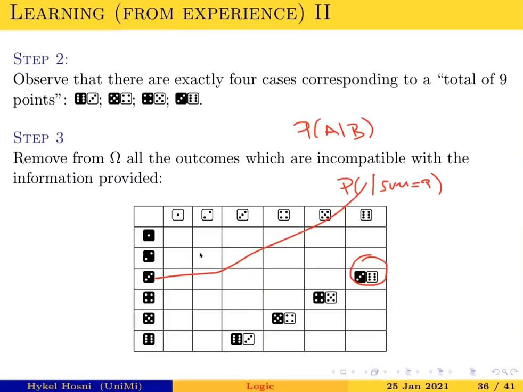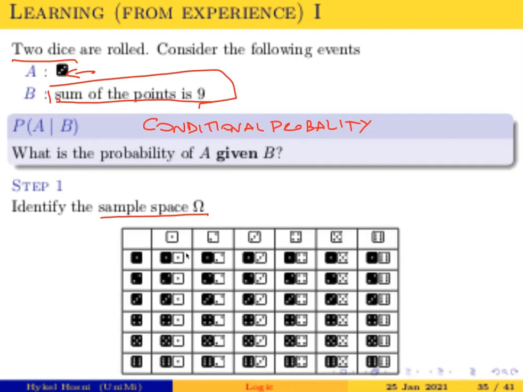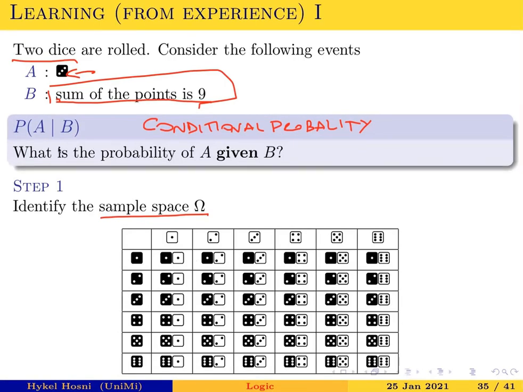Why is this key, and why is it so important? Because of how you interpret this. This is called the conditioning event, and this is the conditional probability. So the conditioning event plays the role of knowledge that you learn, right?